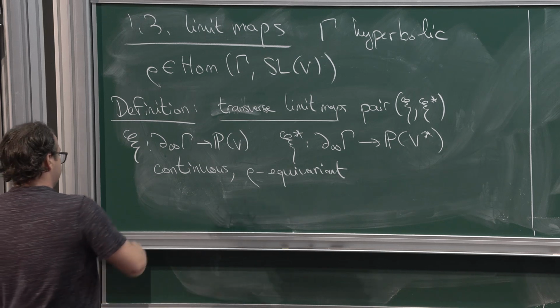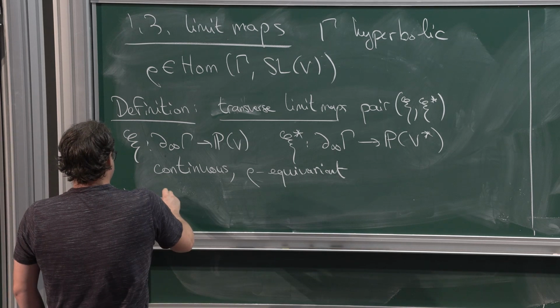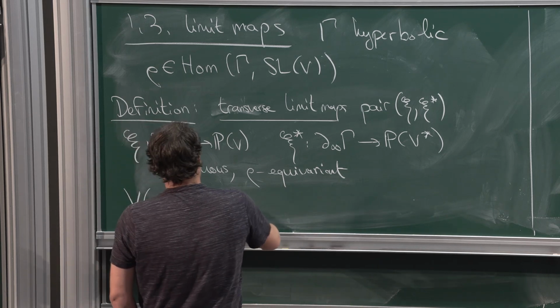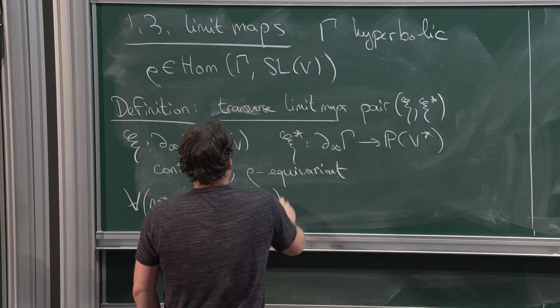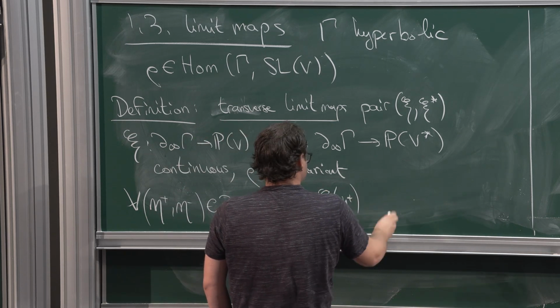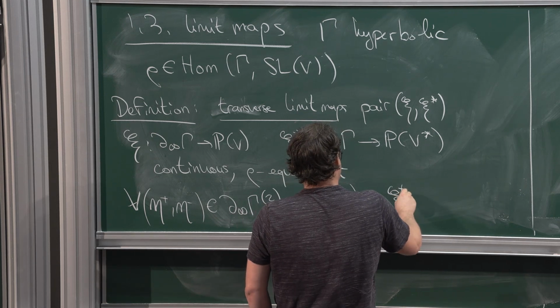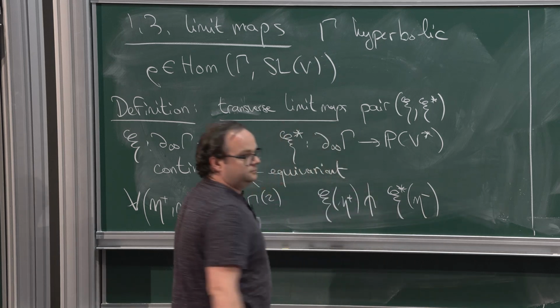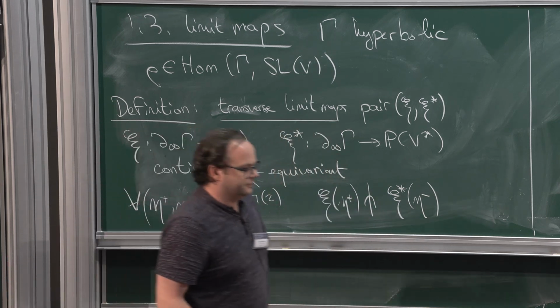And transverse means that for any distinct points, eta plus, eta minus, in the boundary, if you look at psi on one of those and psi star on the other one, these things will have to be transverse, right?